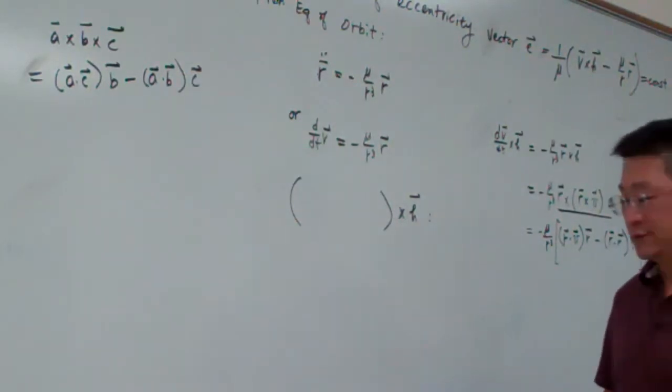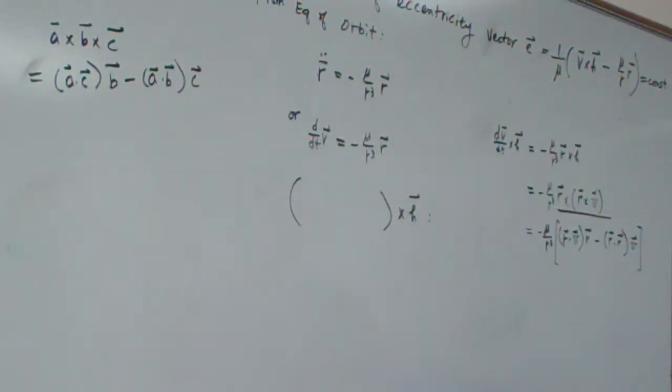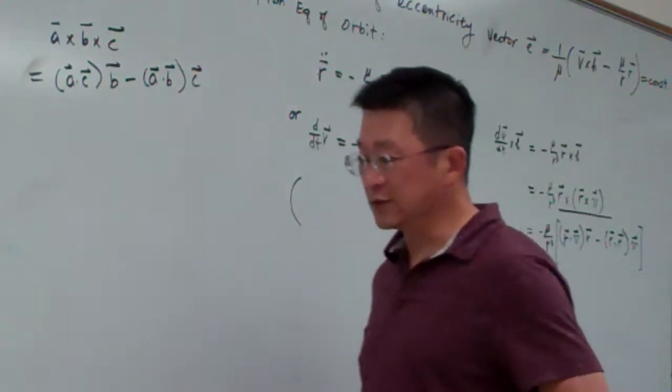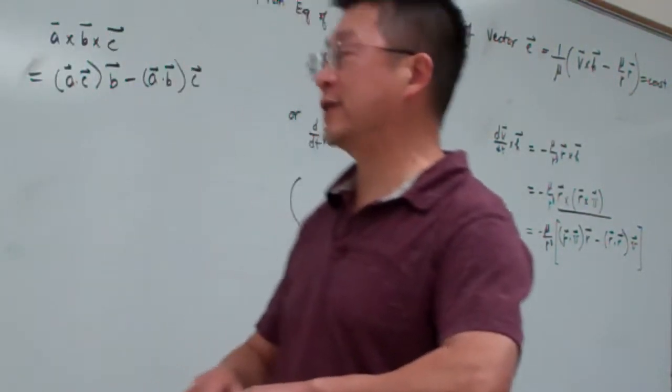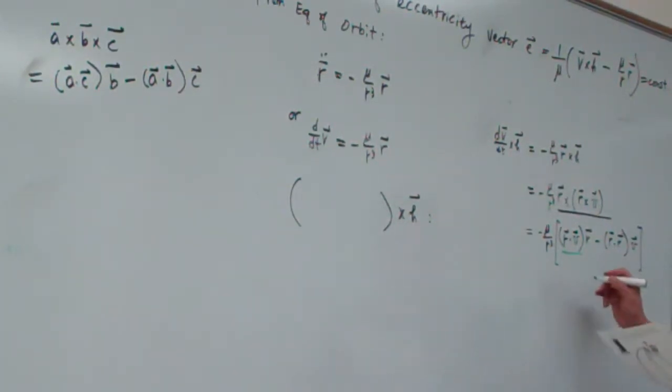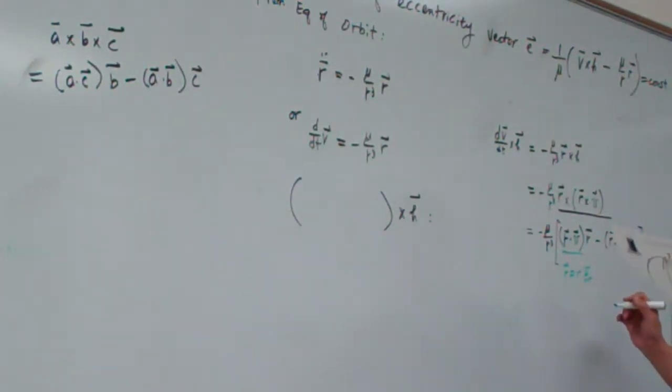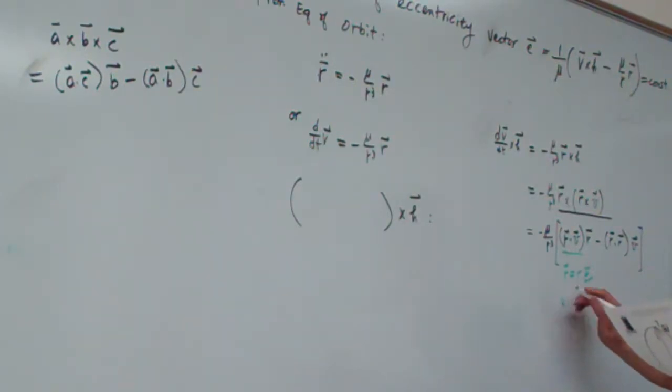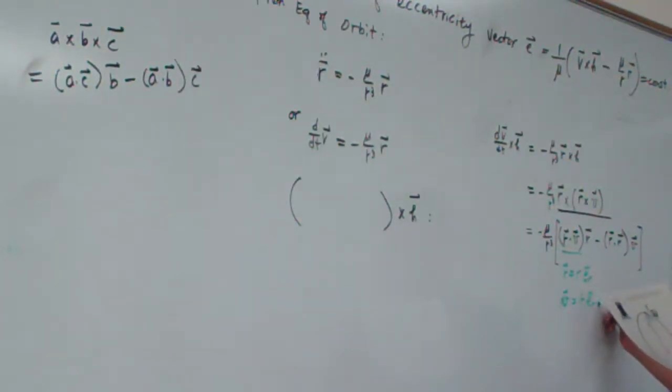And how about this term? Again, let me use a different color for the scratch calculations. Here we can use the polar coordinate system, R equals R times e_r, as we've done earlier, and V equals R dot e_r plus R theta dot e_theta.